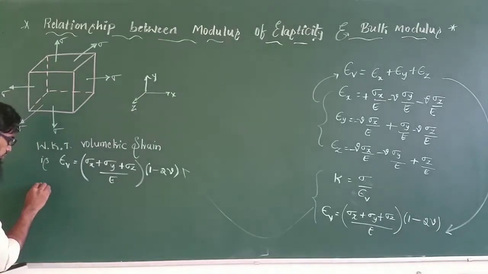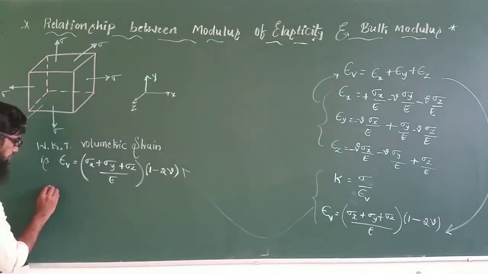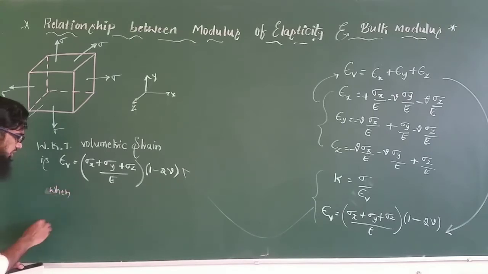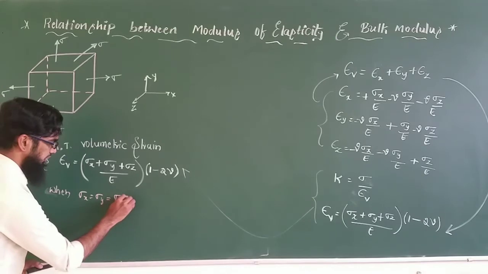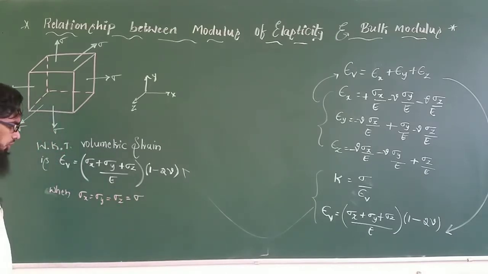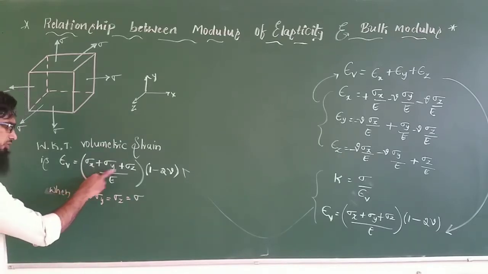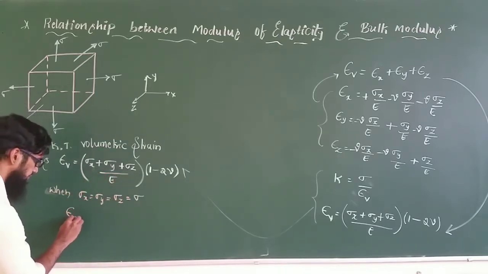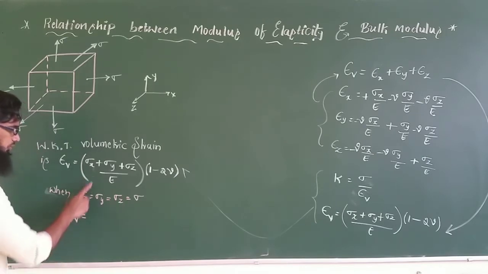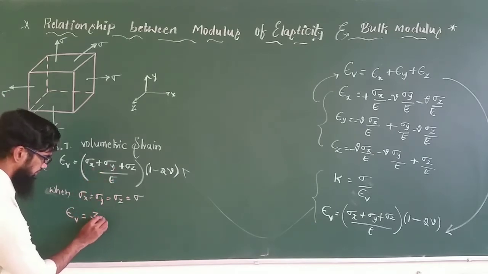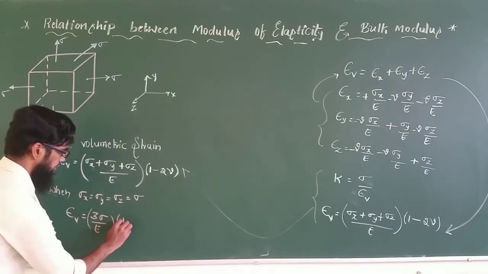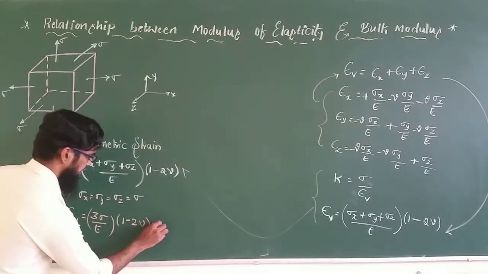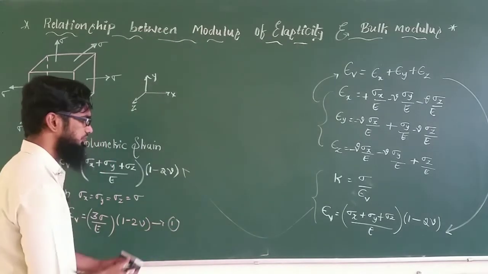Therefore, when sigma x is equal to sigma y is equal to sigma z is equal to sigma, now you just substitute in this equation, in place of sigma x, sigma y and sigma z, it becomes epsilon v is equal to 3 sigma in the numerator, denominator is Young's modulus E, into (1 minus 2 nu). Okay, I will take this as equation 1 here.